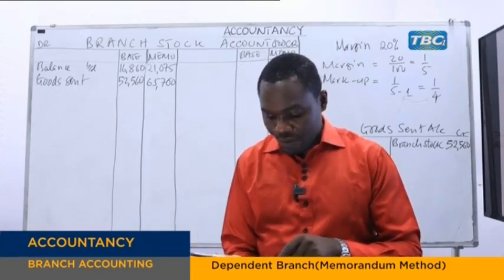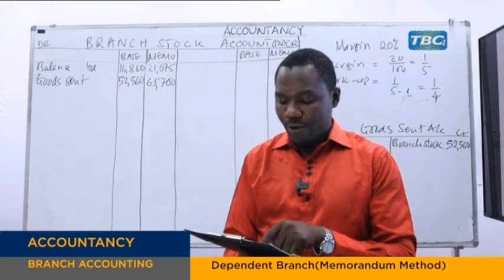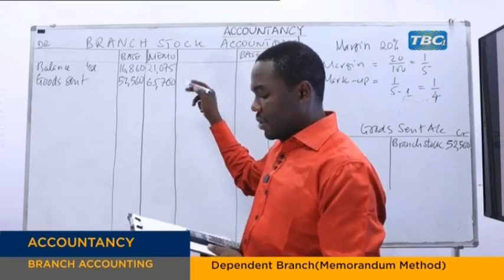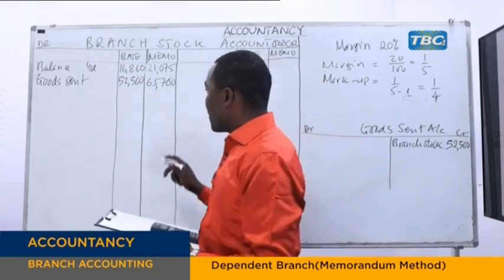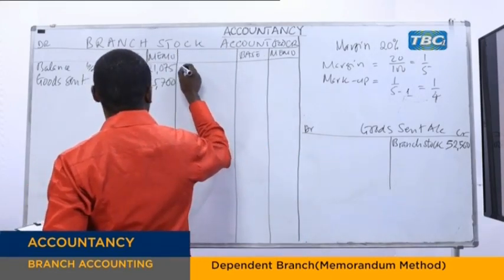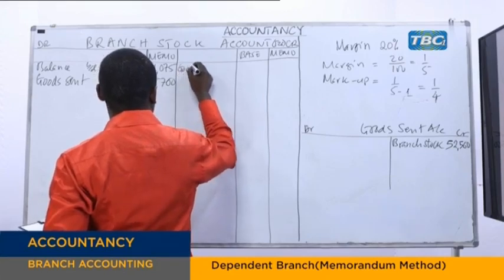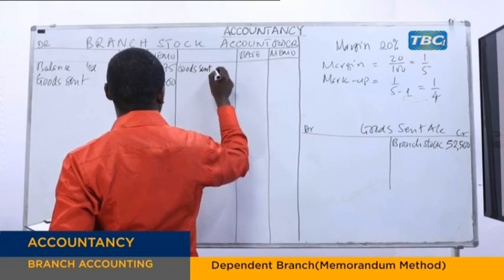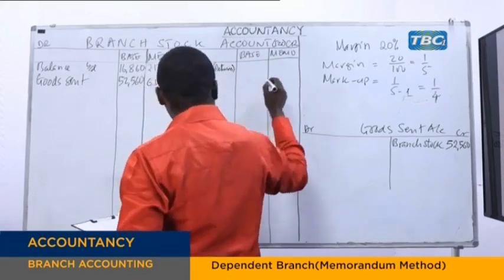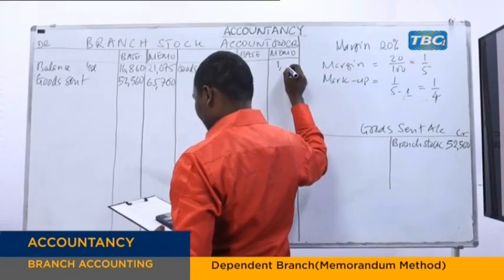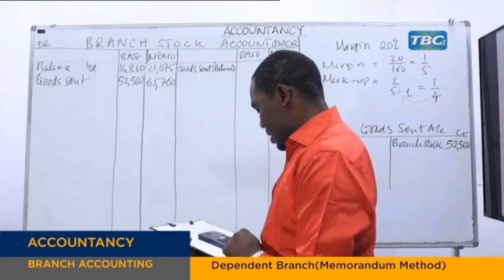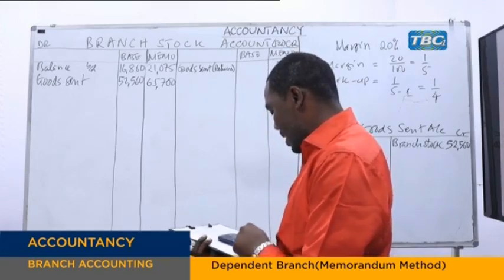The next item, goods returned to head office by the branch at selling price. They are returns. If the branch returns these goods to the head office, they reduce the goods available to the branch. So we send them to goods sent. It goes to reduce the goods sent. This is returns. It was at selling price 1,560. Also we need to adjust this to make it at cost, times 1/5.